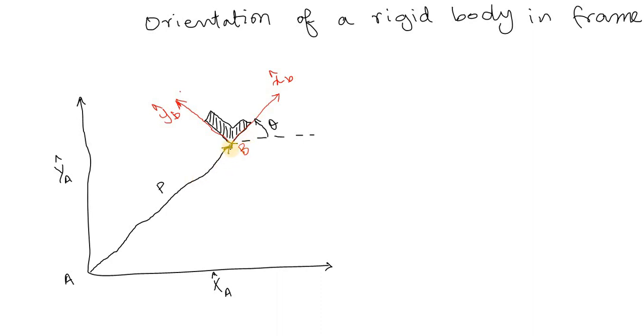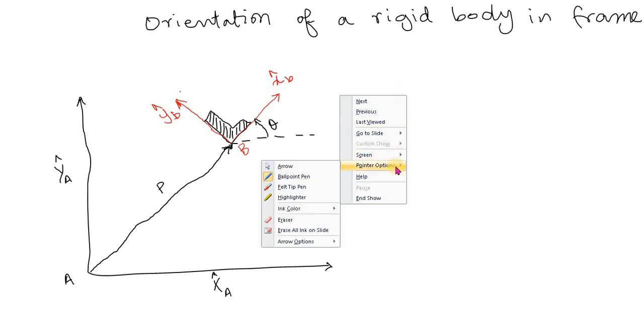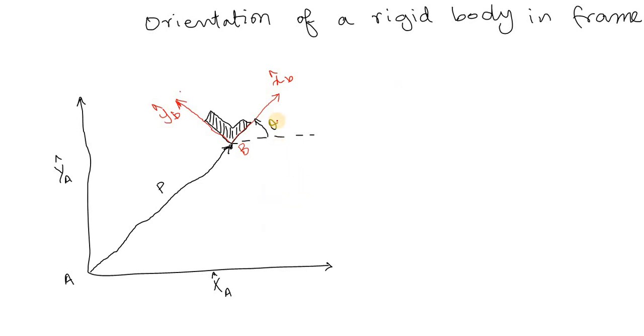So if your robot, the manipulator, is somewhere here, you can easily find its position, which will be px and py. We already did that in the previous slide, and the orientation can be calculated using this angle theta.